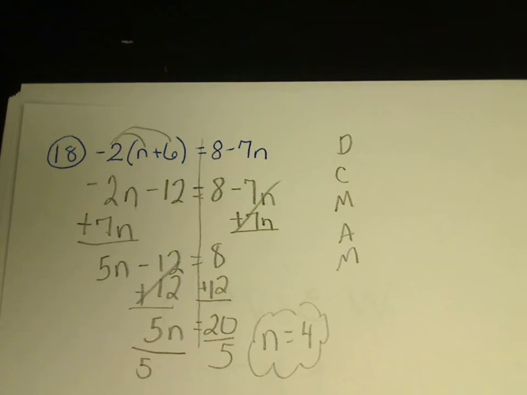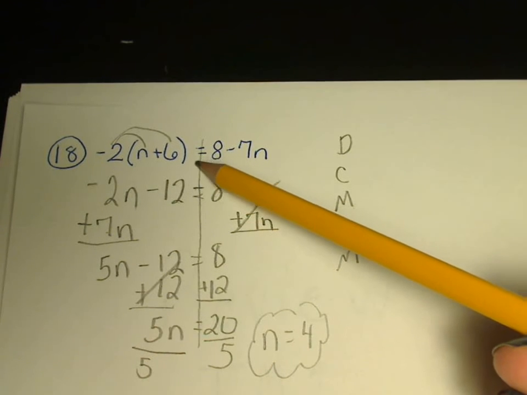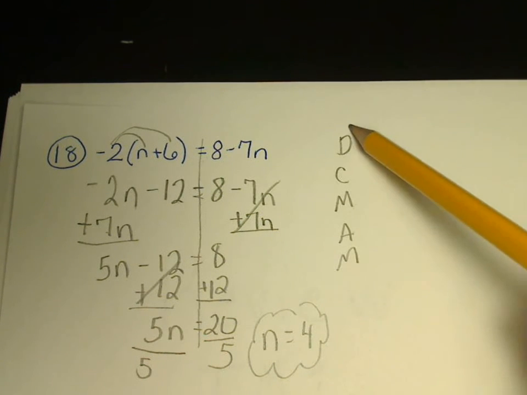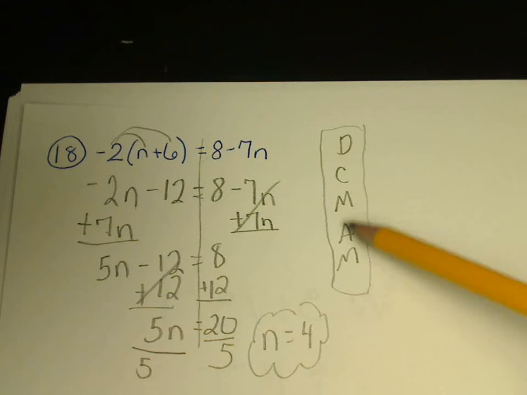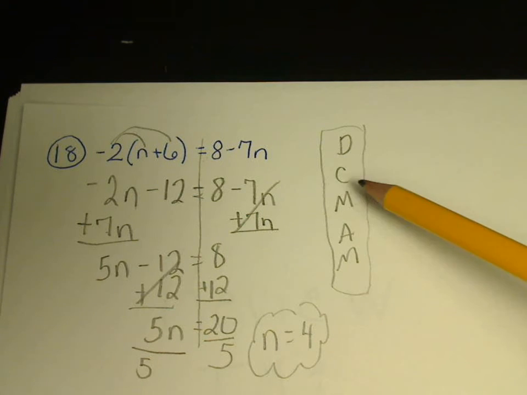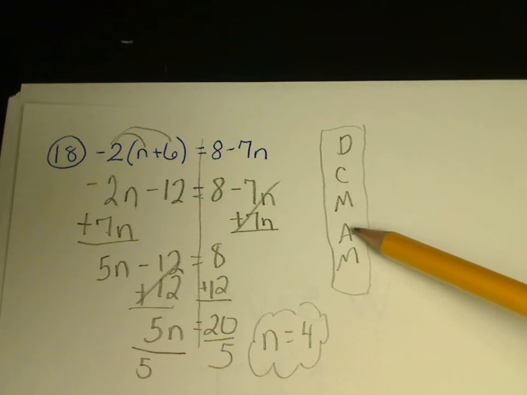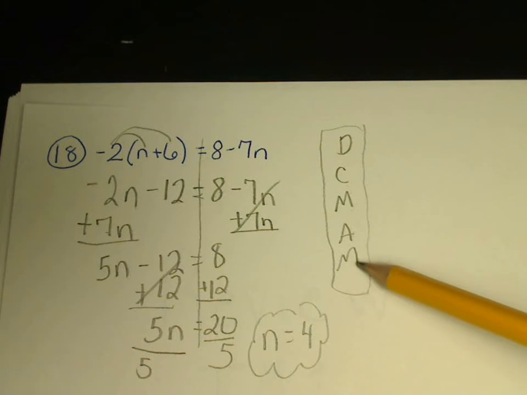You will have a couple problems like this. If this was an inequality sign instead of an equal, you're still going to follow these. Don't call me after midnight. Distributive, combine like terms, move variables to the same side, inverse of adding or subtraction, inverse of multiplication or division.